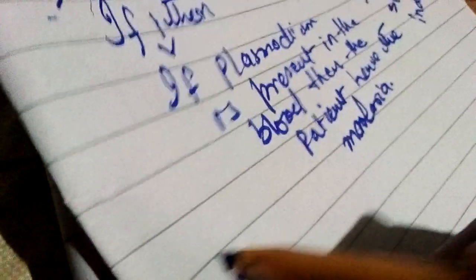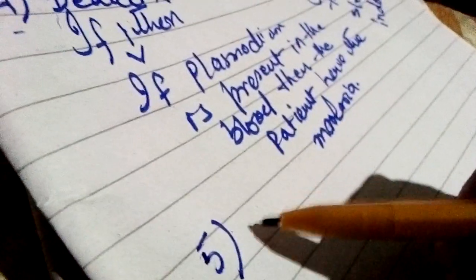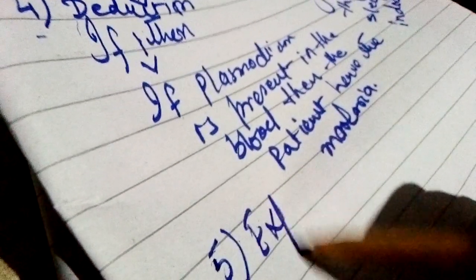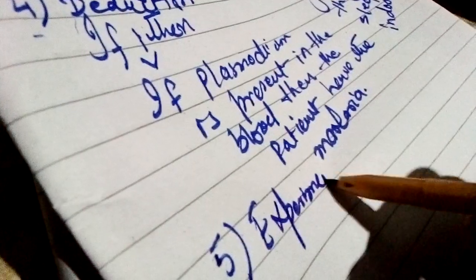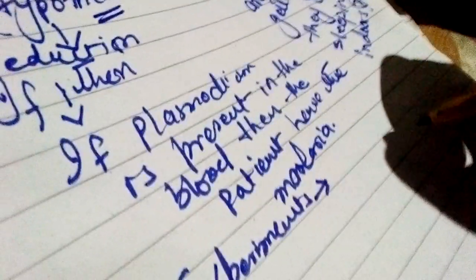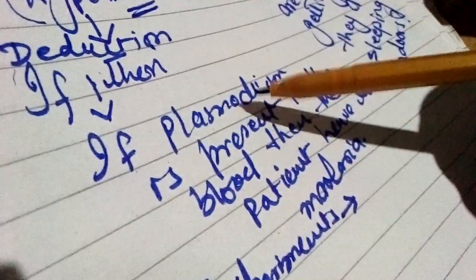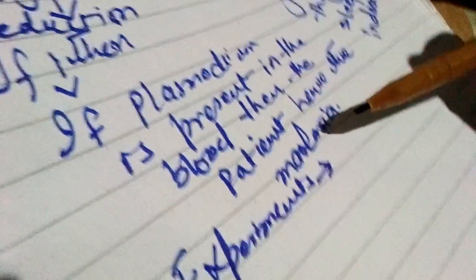So the next step of solving a biological problem is to test this deduction through experiments. For example, Ronald Ross did a lot of experiments to determine whether the Plasmodium is the cause of malaria or not.